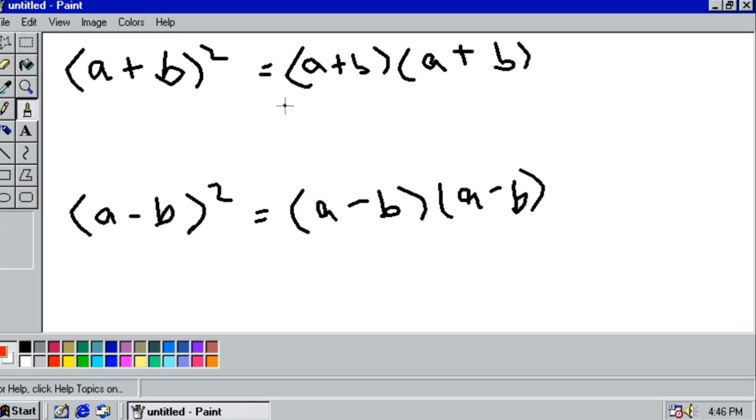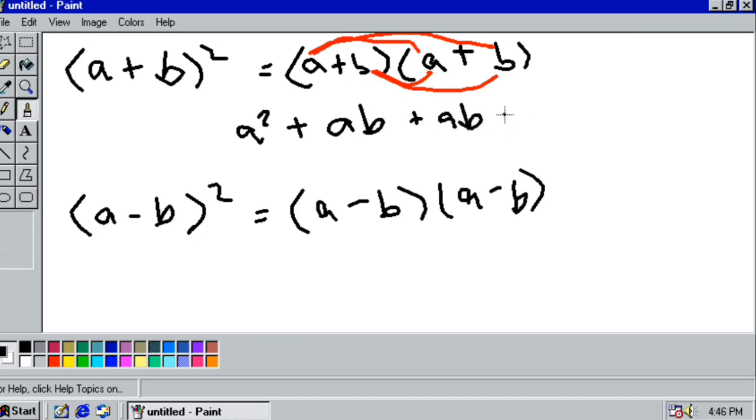Now, as you can see, we can FOIL it. So first, inner, outer, and last. So a times a is a squared. A times b is ab plus ab. B times a is ab.